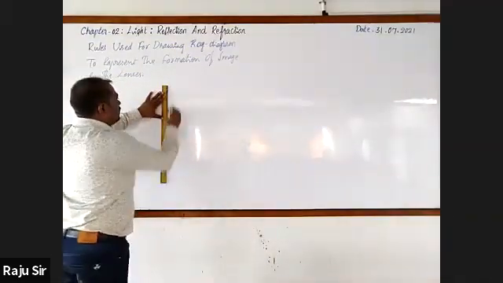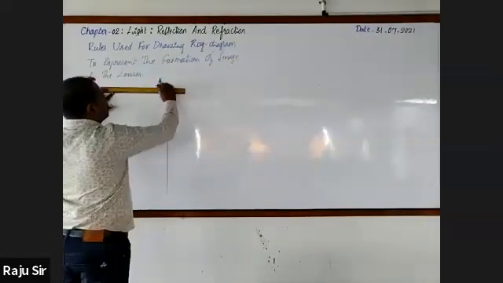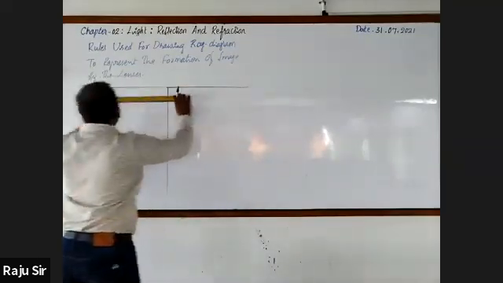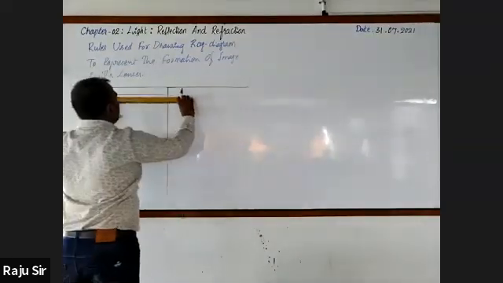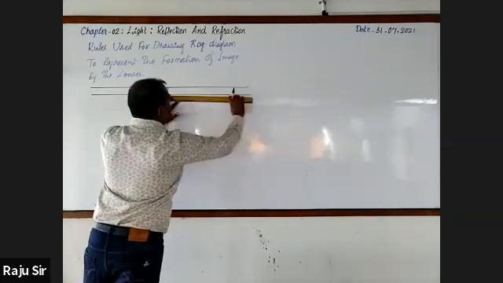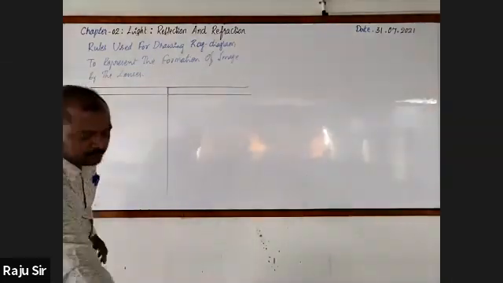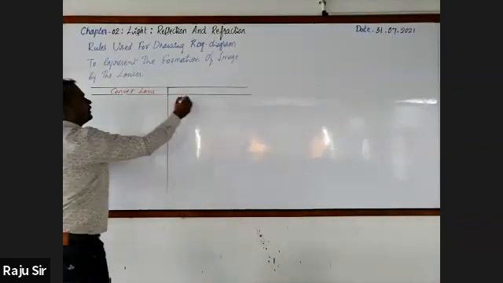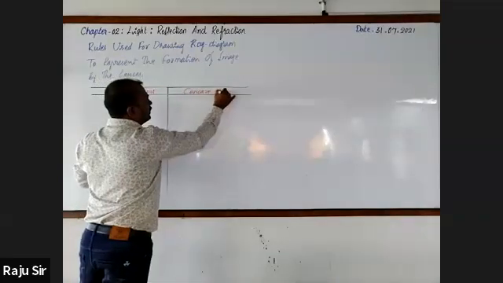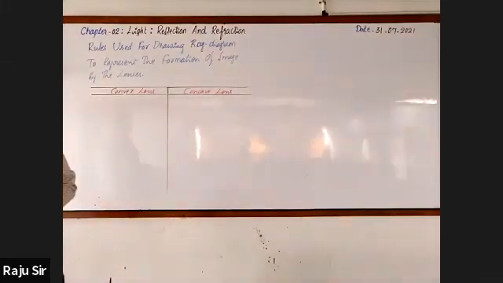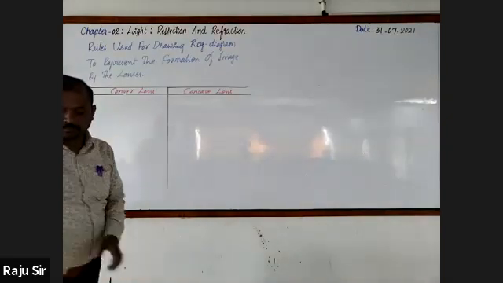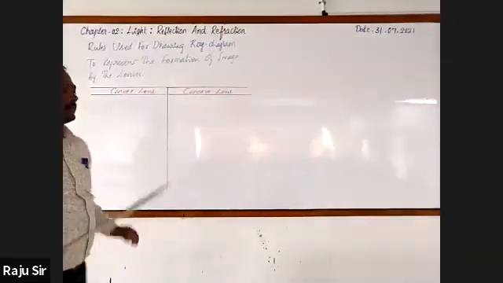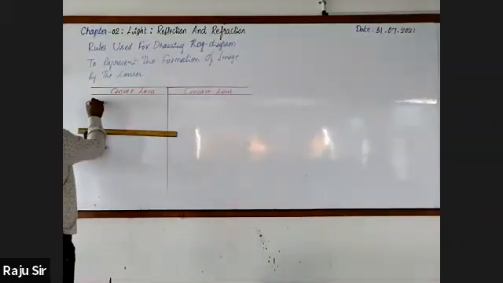Make a table: first column for convex lens and second column for concave lens. Then, rule 1.